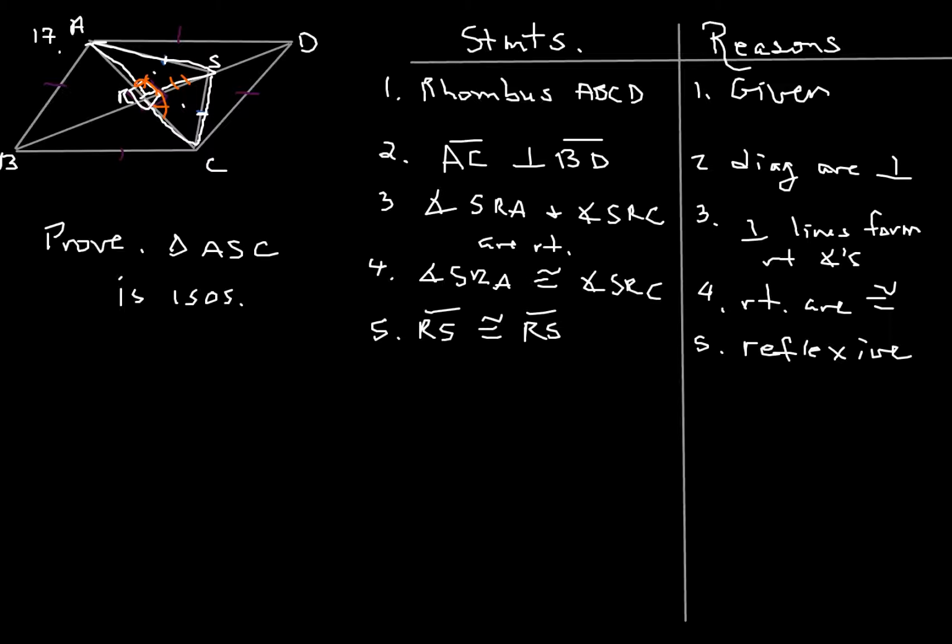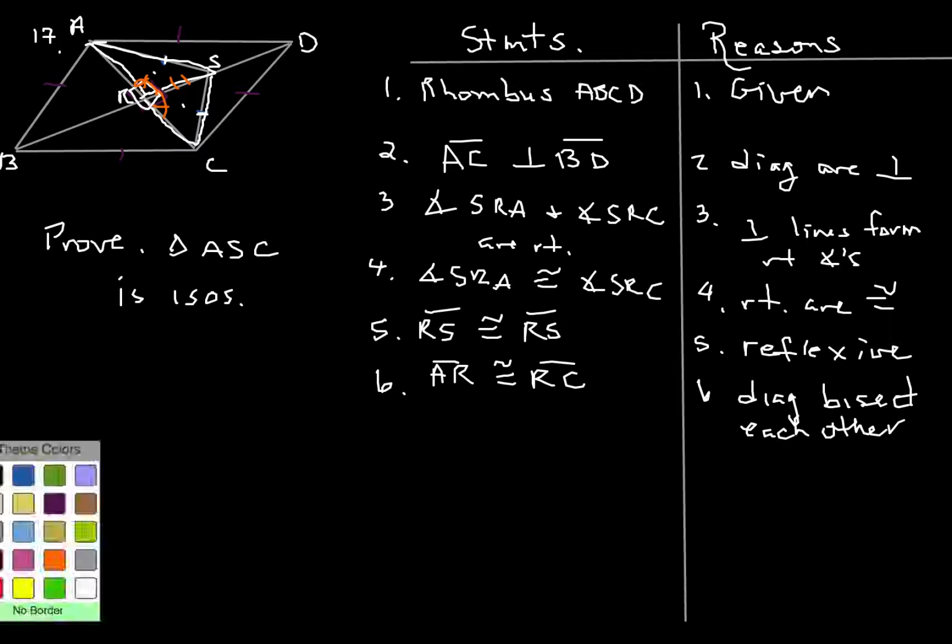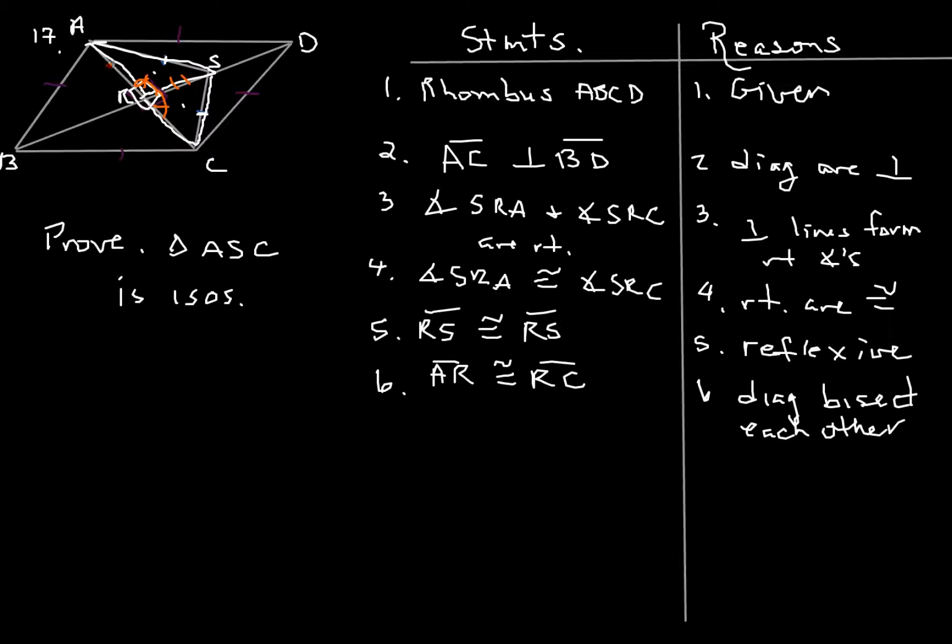Okay. So the next thing we can say, remember we talked about diagonals bisect each other? So we can say AR is congruent to RC because diagonals in a rhombus bisect each other. So let's get out our orange crayon again, and we can say that this one is congruent to this one.